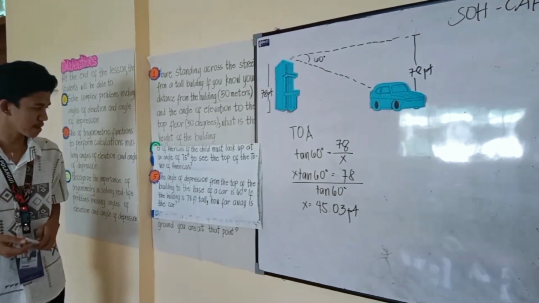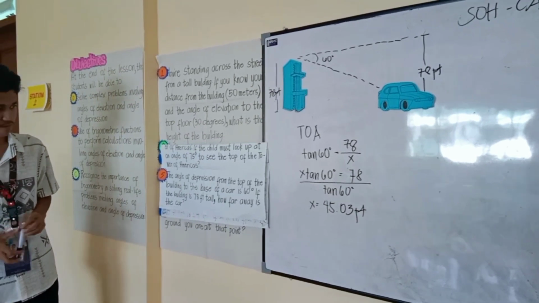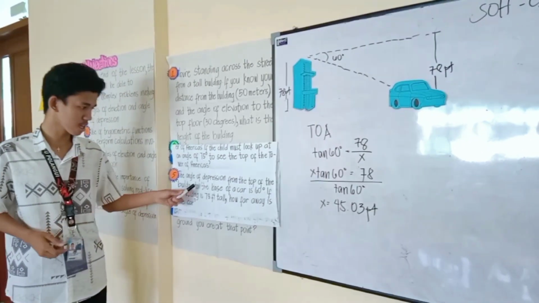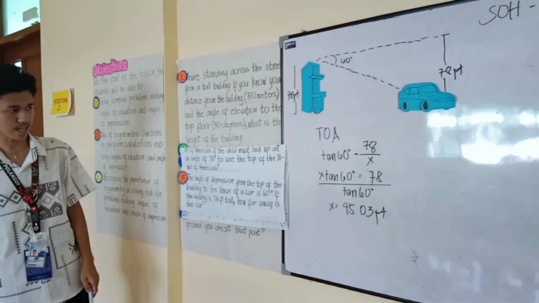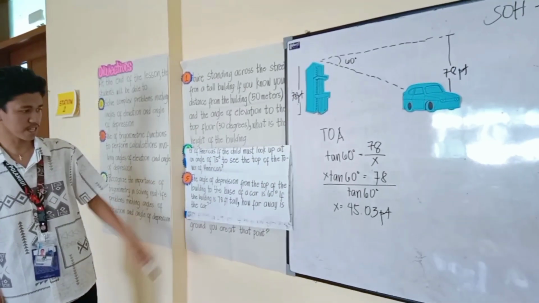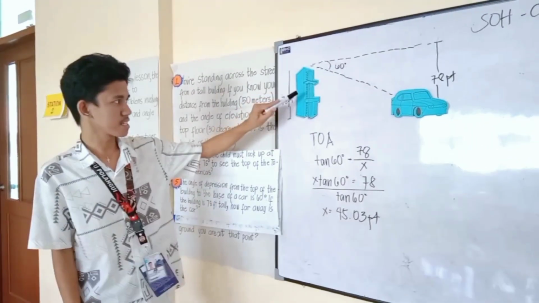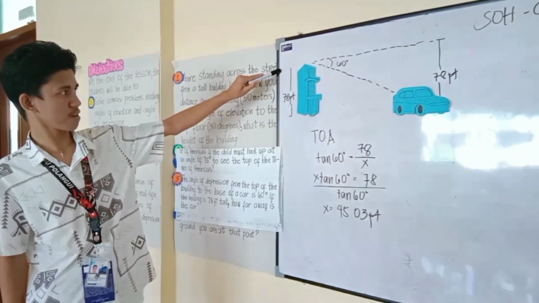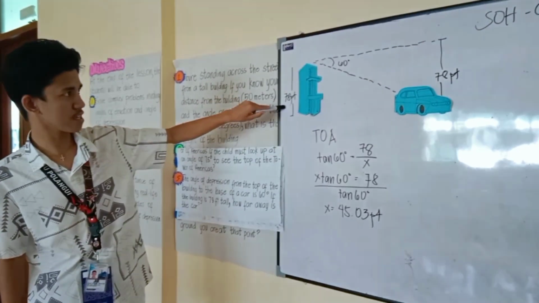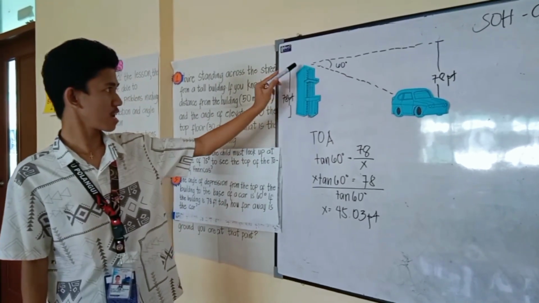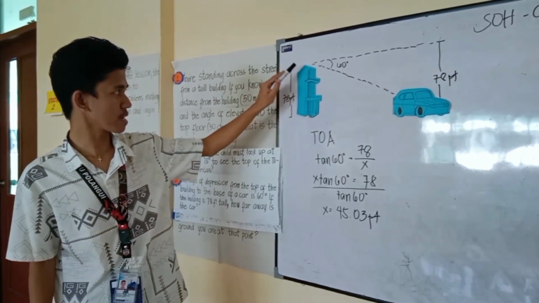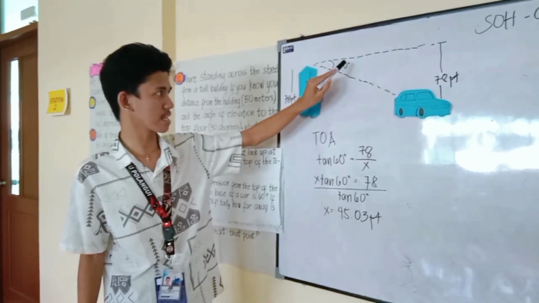So the problem given is the angle of depression from the top of the building to the base of a car is 60 degrees. If the building is 78 feet tall, how far away is the car? This is the building, whose height is 78 feet, and the angle of depression from the top of the building to the base of the car is 60 degrees.